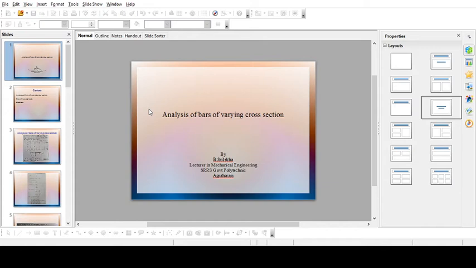So when the extension is increasing by 20%, by considering 1.2 into the change in length, we found that extension again. Next, by making use of that elongation, we know the elongation formula for varying bars, that is sigma 1 L1 by E1 plus sigma 2 L2 by E2.